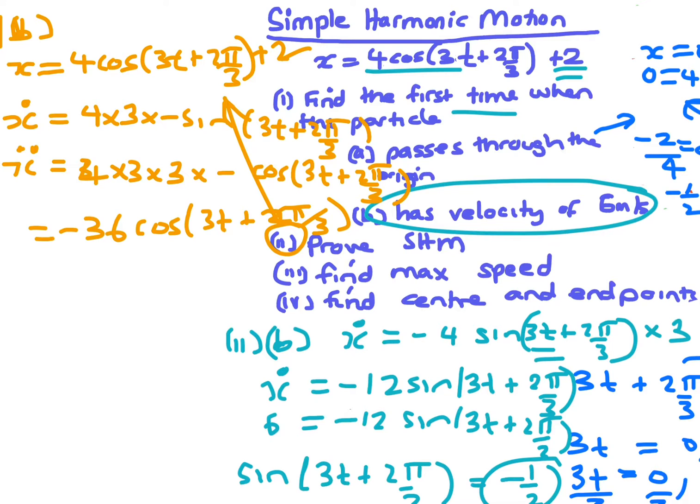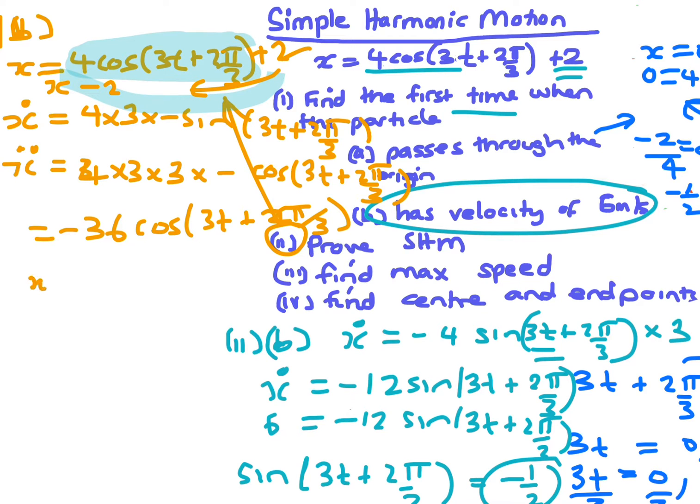Now, if you go back up to where the x is, then we're after 4 cos(3t + 2π/3), which is equal to x minus 2 when you bring that over to the other side.